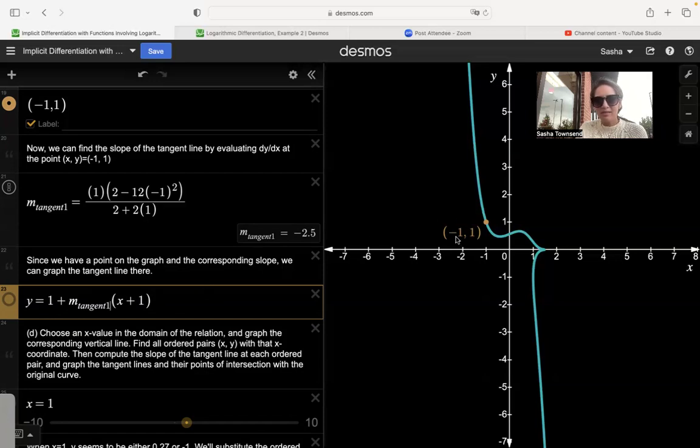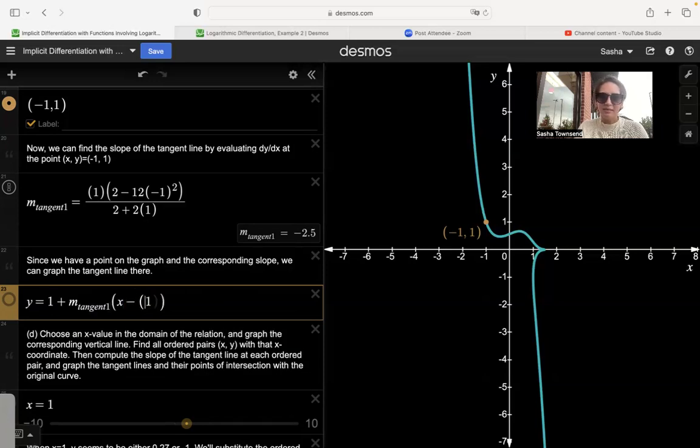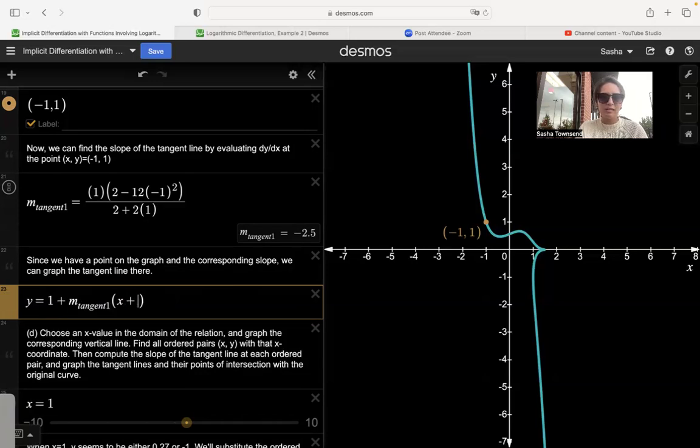That x value is -1, so it's x minus -1, but subtracting -1 is the same as adding 1. So I just called that x plus 1. If I graph the tangent line, we see that it is tangent to the curve. It seems to have the right slope and passes through the point, so we're good to go.